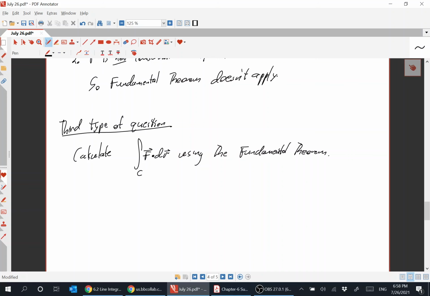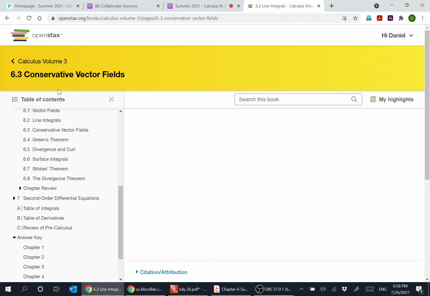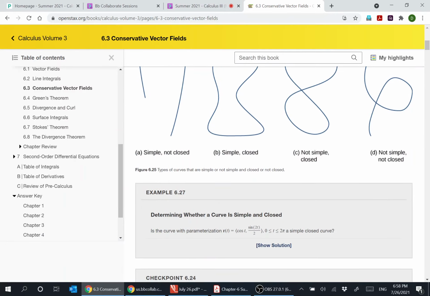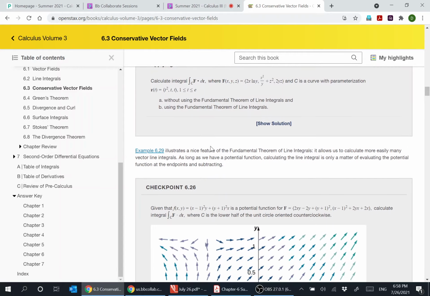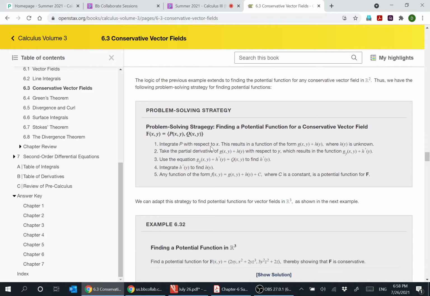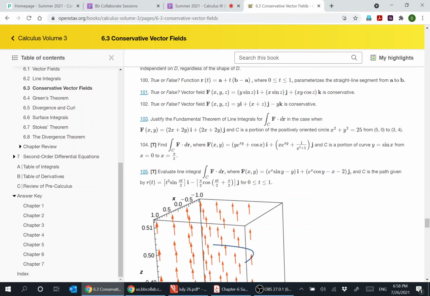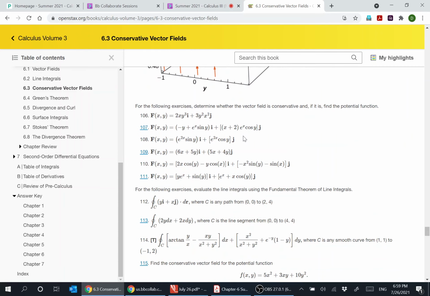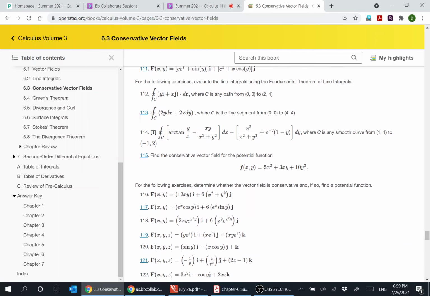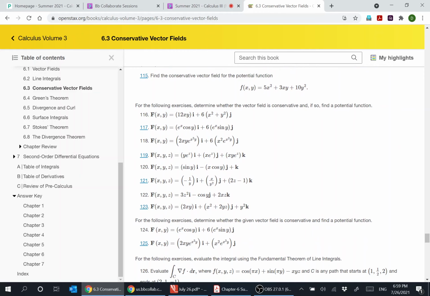In section 6.3, there are plenty of examples of that. So let's do a 3-dimensional example, perhaps. You can find a nice one. No, let's just stick with 2.